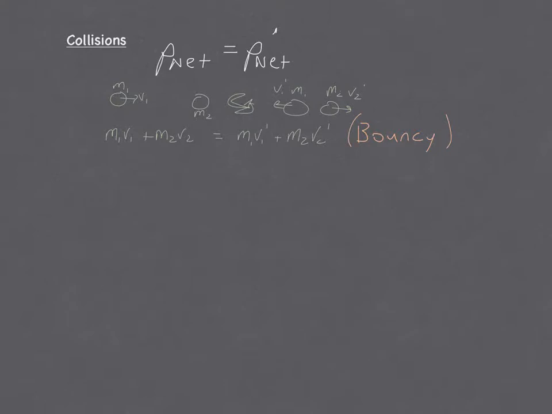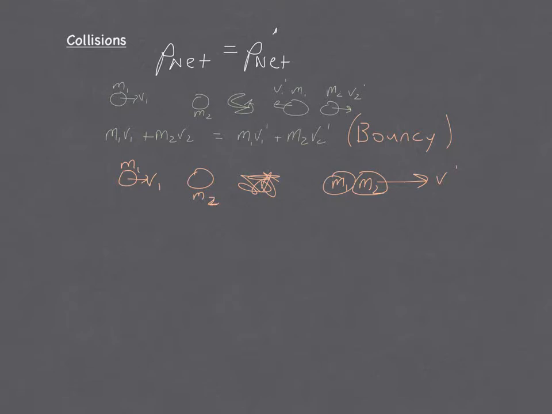Now, we can also have situations where the objects collide and stick together. That's my symbol for collision. Since they'll be basically coupled together, they'll be moving with the same speed after the collision.